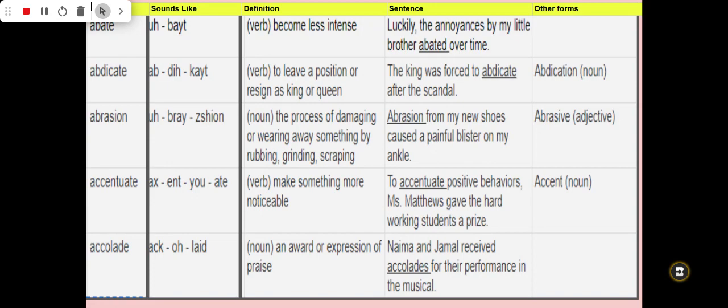That's all abrasion. Or even getting a skinned knee or a blister, like in the sentence. That can be abrasive, which is another form of abrasion.